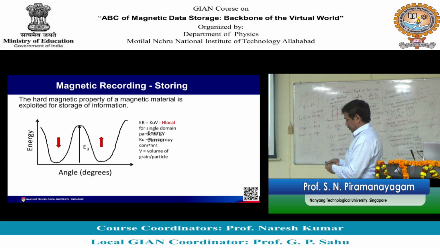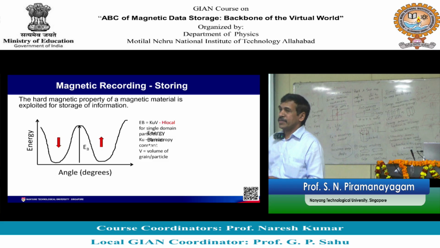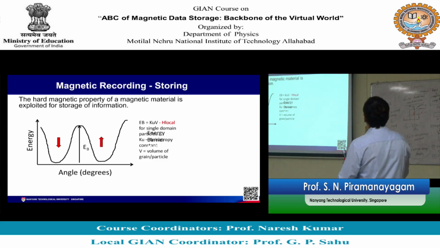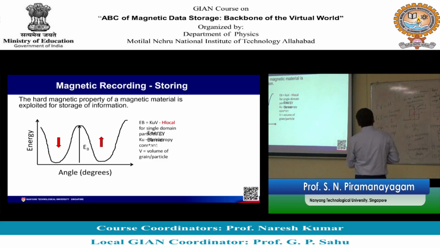So, this is the energy that you need to overcome to make the north pole to south pole and south pole to north pole. If you want to change the polarity, let us say I have a magnet.